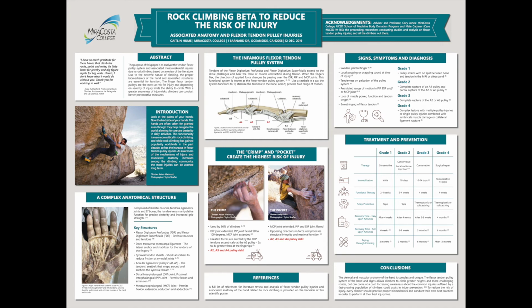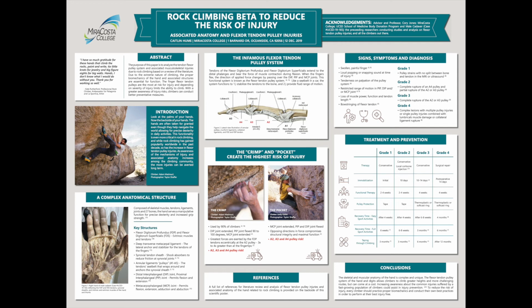Now, within that recovery and the pulley protection, there's going to be tape that would be used in a grade 1 and grade 2. Grade 3 to 4 would require an actual soft cast ring, and the recovery time is going to depend. You're going to have easy activity after a certain amount of weeks, but full sport activity, until you're back to where you were before, depending on the injury, may never happen.